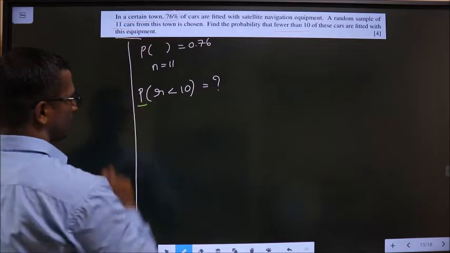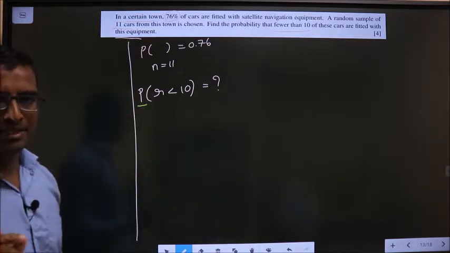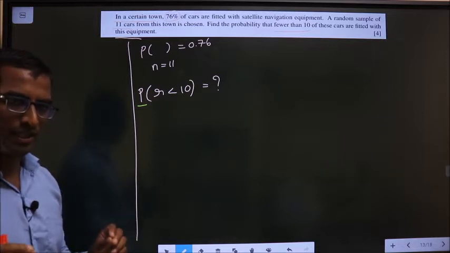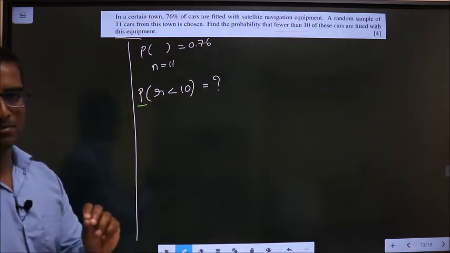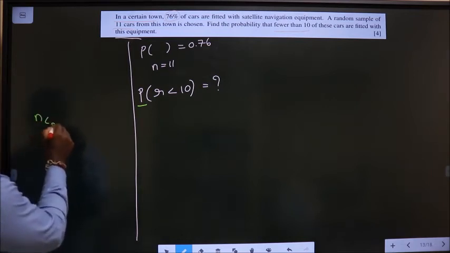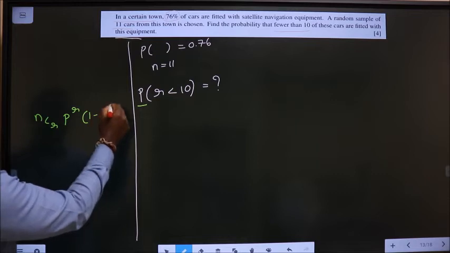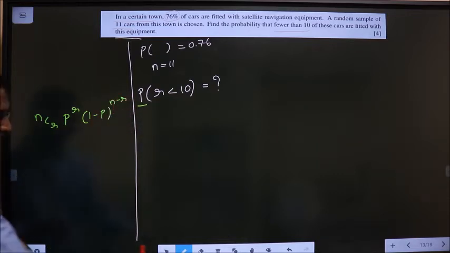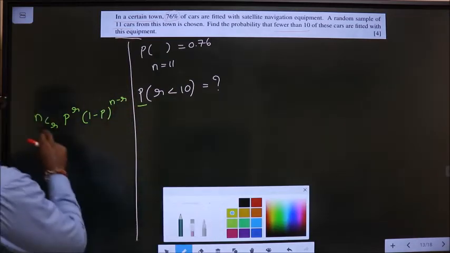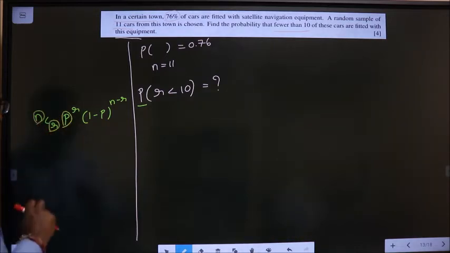Now, to find this probability, we should get the idea of using binomial distribution. The formula for binomial distribution is nCr p^r (1 minus p)^(n minus r). Now we should know the values of n, r and p.